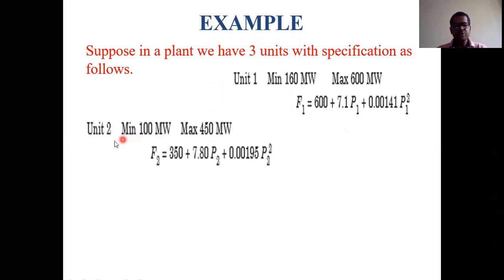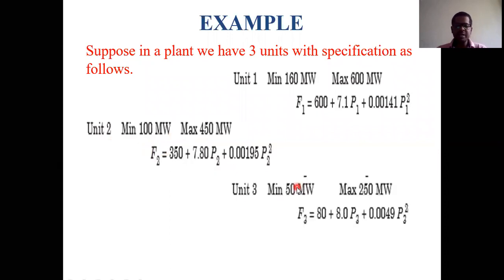Similarly, unit 2 specifications are minimum 100 megawatts and maximum 450 megawatts. And the corresponding fuel cost function is F2. Similarly, unit 3 specifications are minimum power it can generate is 50 megawatts and maximum power is 250 megawatts. And F3 is the fuel cost function for unit 3.